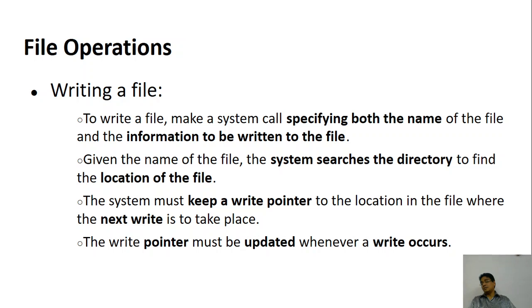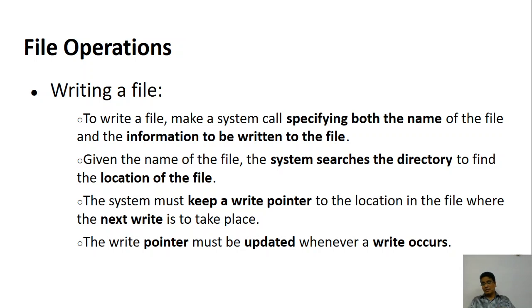So what the operating system will do is, when I give the name, it will search for the name. Again, I may even have to give the directory in which this particular name exists. So the operating system will search the directory structure for the given file, and it gets the location on the physical media where the file is stored, and then the operating system will keep a pointer that indicates the last place.